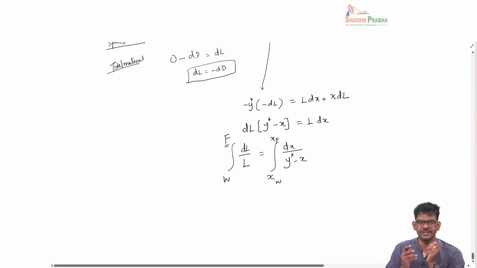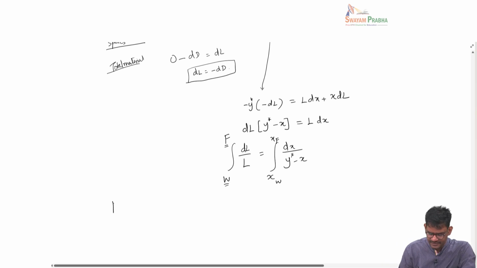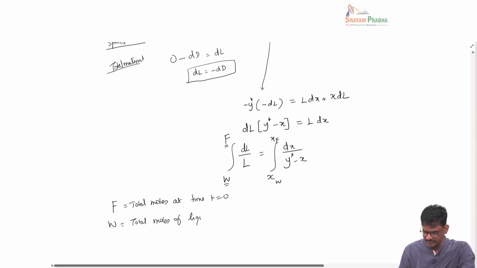So this F here is the total moles that is present initially. W is the total amount of liquid that is present after the batch distillation is stopped. Okay, it's like initial and final amount. So let me write this. F is the total moles at time t equal to 0, and W is the total moles of liquid at the end of the operation.